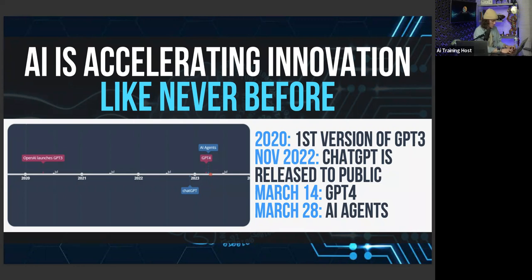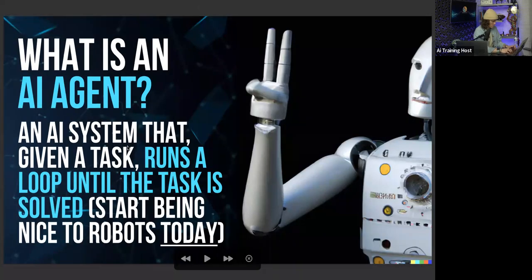And then on March 28th, so just 2 weeks after that, AI agents became a thing. So the innovation that's happening is happening way more constantly. It's happening within a much shorter time span than it ever was before. And that's because AI is giving us capabilities that are kind of scary in terms of how we're able to iterate next level options, right? So let's talk about what an AI agent is.